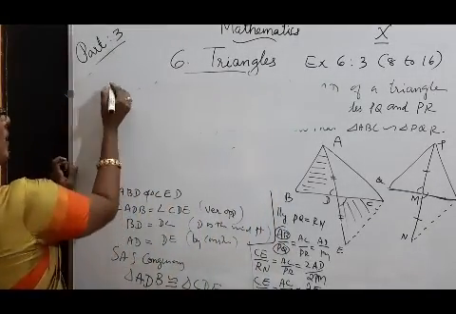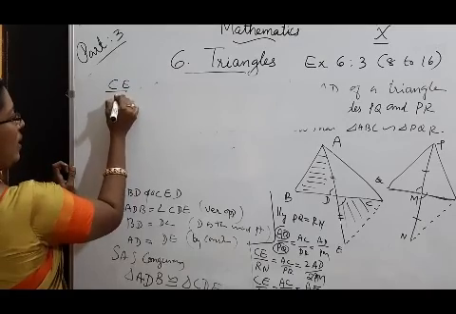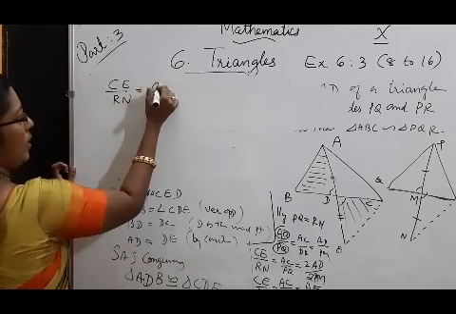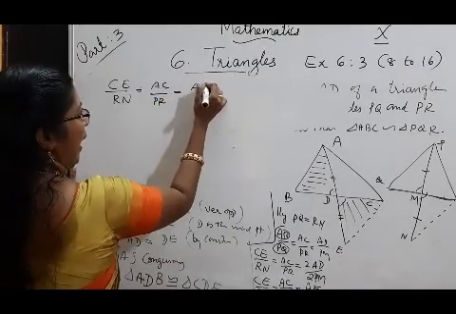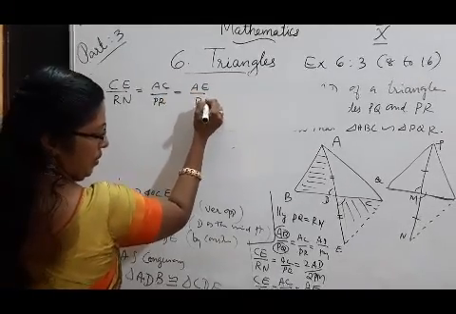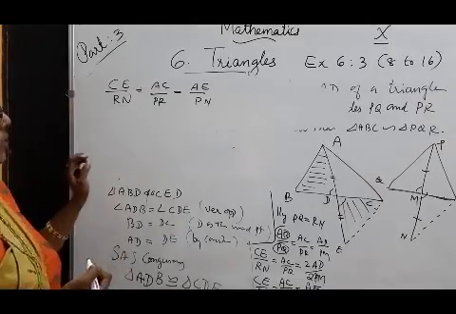Listen, CE by RN equals AC by PR equals AE by PN.